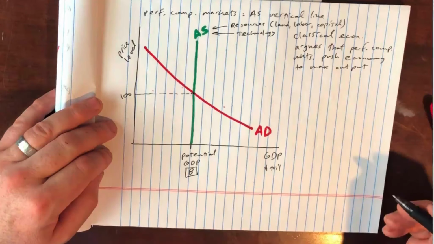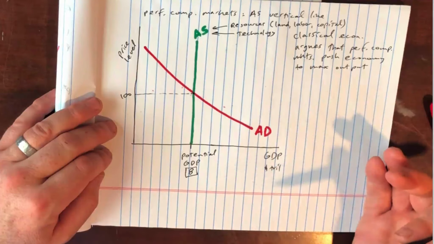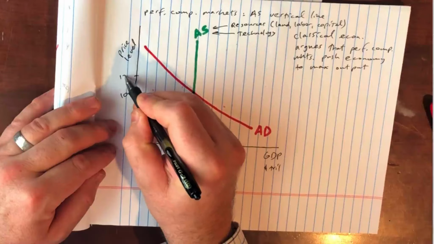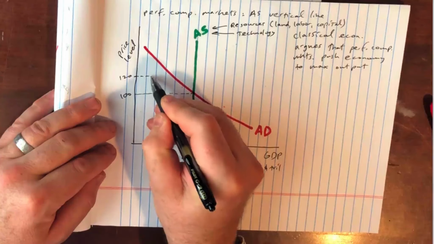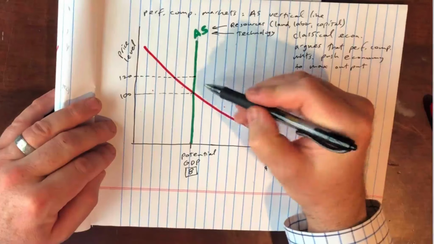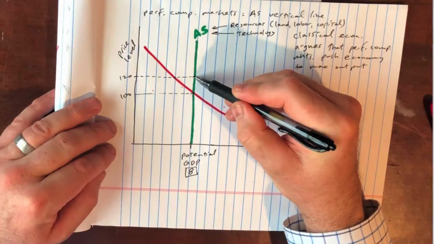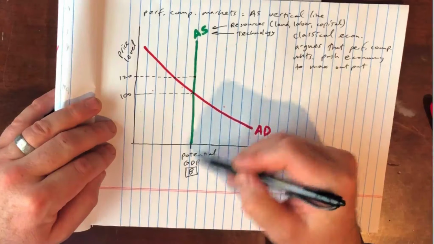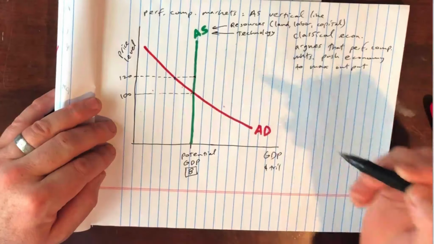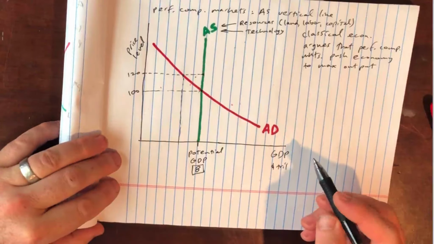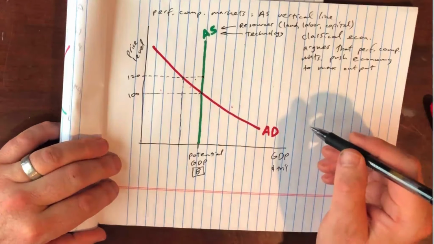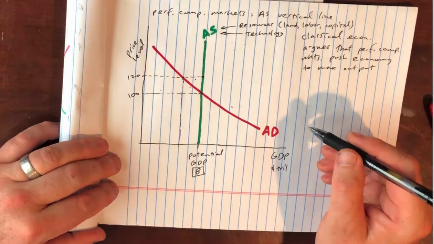What this tells us is that any other price level is not in equilibrium. So if the price level was higher, like say 120, well, at 120, society's ability to produce wealth is not changed. It's 8 trillion, just as before. But at 120, spending is lower. At a price level of 120, not all that's produced in the society will actually sell.